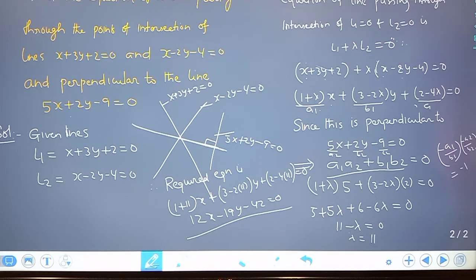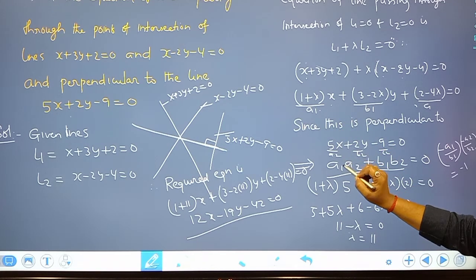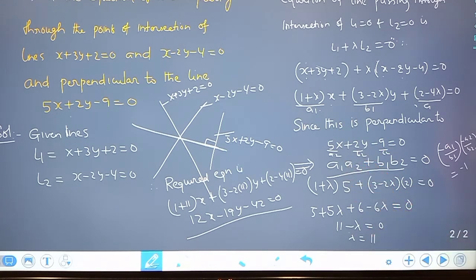A1 A2 plus B1 B2 is equal to 0. So (1 plus lambda) into 5, (3 minus 2 lambda) into 2 is equal to 0. 5 plus 5 lambda, 6 minus 4 lambda.